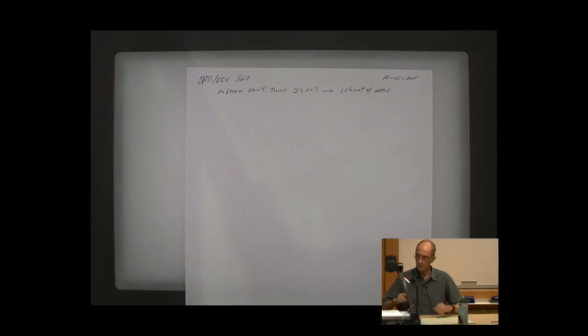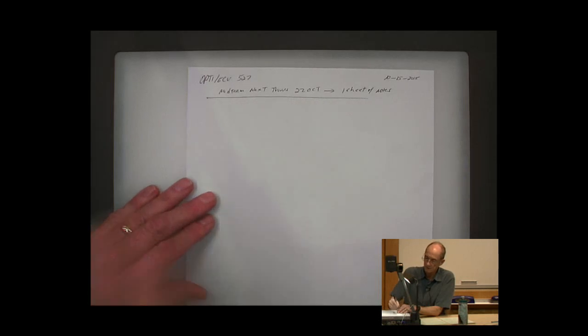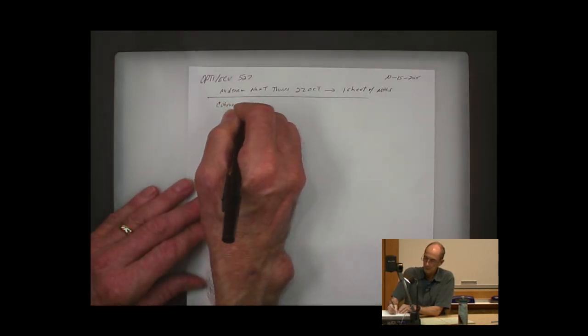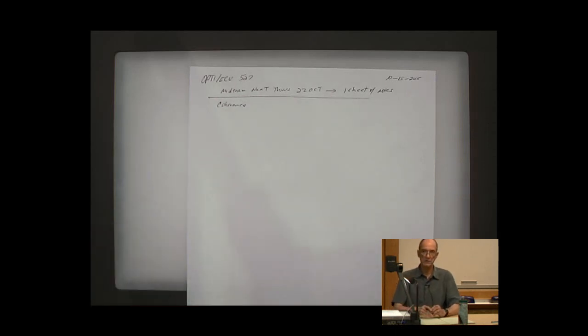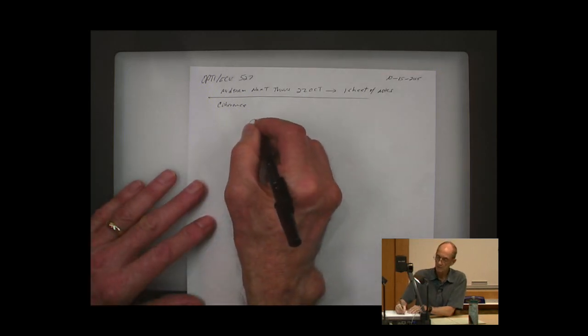Okay, so I'd like to today continue our discussion on coherence. Again, this is a very important physical property of light that needs to be controlled for holography. You can have sources that have what's called temporal coherence.